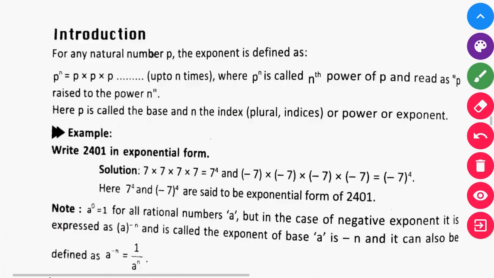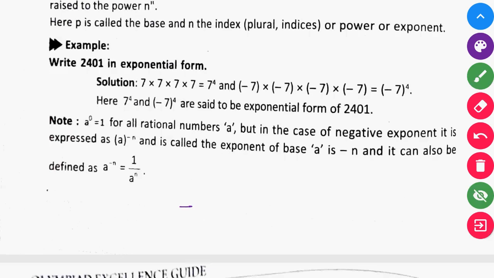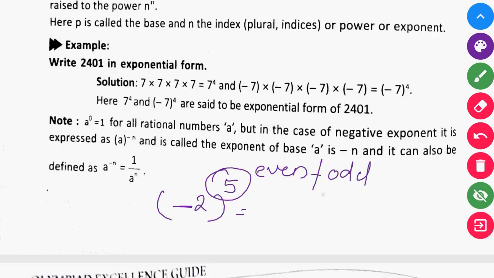Now see, if a negative number is there, say -2, and the exponent of -2 is positive, then whether the exponent is even or odd changes its plus or minus sign.